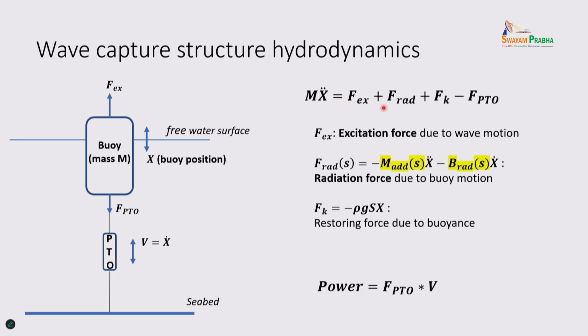This is the radiation force, actually including the added mass effect and radiation damping effect. All these are frequency dependent. Here, instead of using omega, they write s, where s equals j omega, the Laplace transform, right? Then you have hydrostatic stiffness, and the PTO force, right? Hydrostatic stiffness depends on the water line cross-section area, right?